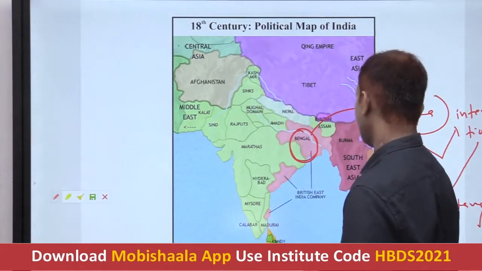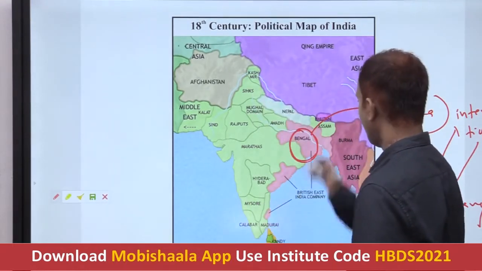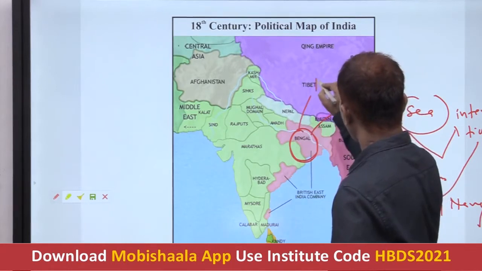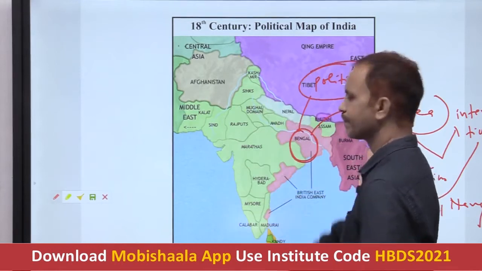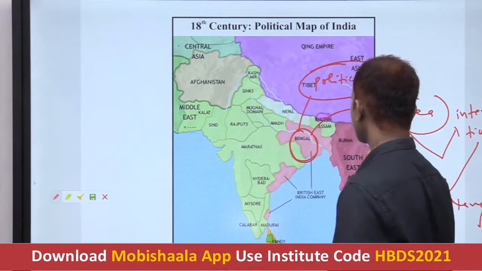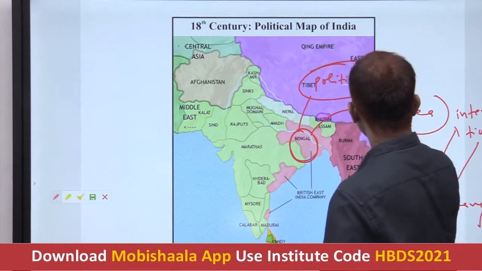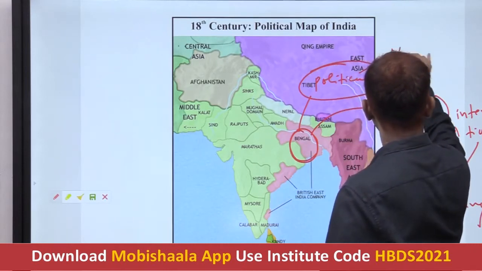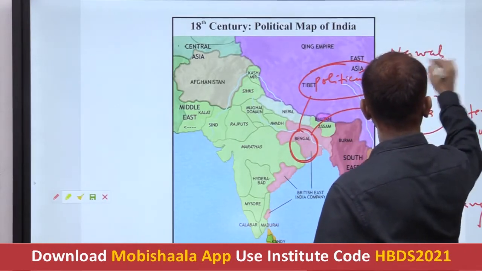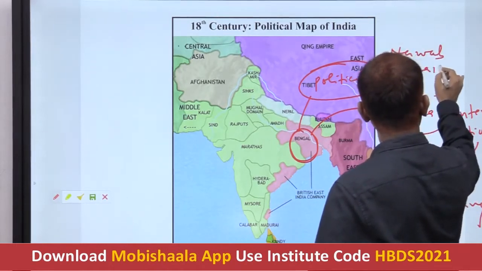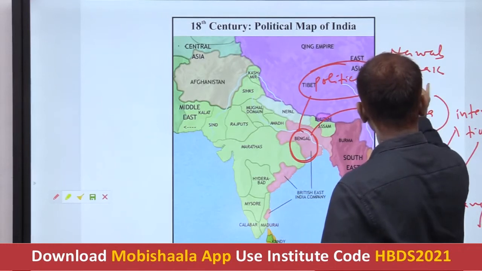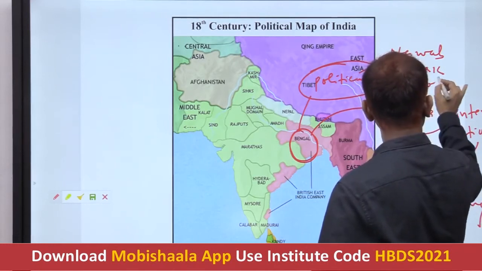At the same time, the political condition of Bengal was also conducive for British company. For example, in Bengal there was a single Nawab, and he was weak, and he was also opposed by his own nobles.